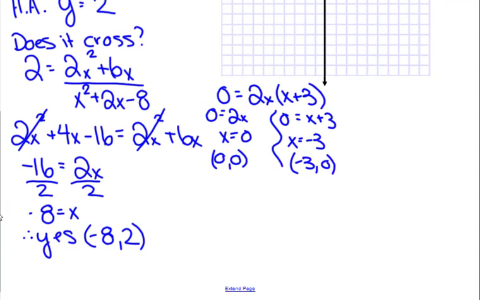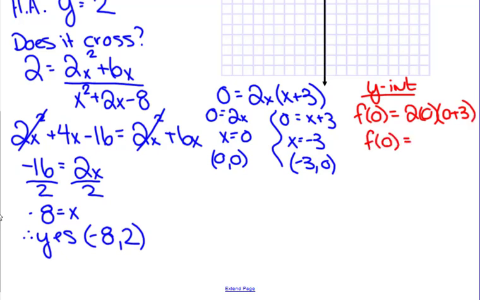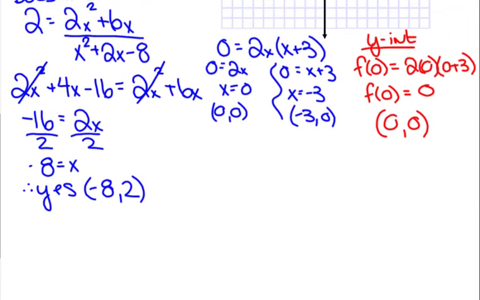We've also got y-intercepts, and that happens at f(0), so 2 times 0 times 0 + 3. Well, if we're multiplying by 0, that means our f(0) is equal to 0. So (0, 0).